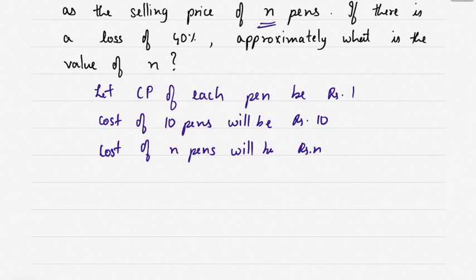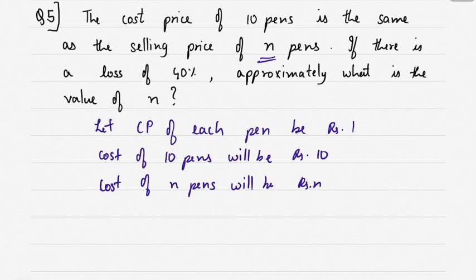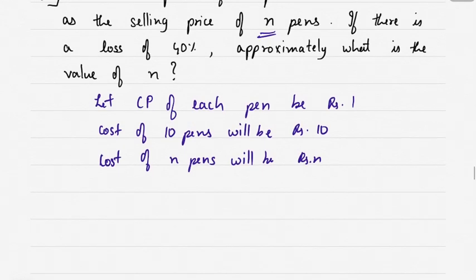Now you know cost of 10 pens is equal to selling price of n pens. See the first line, cost of 10 pens is same as selling price of n pens. That means cost price of 10 pens is equal to selling price of n pens.